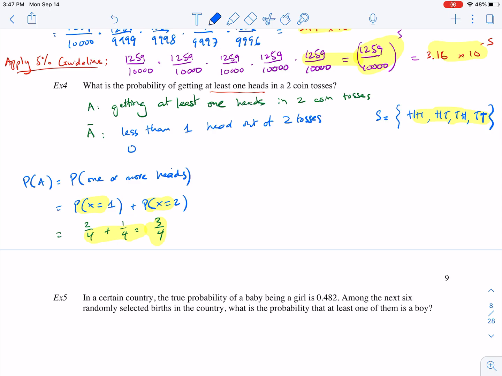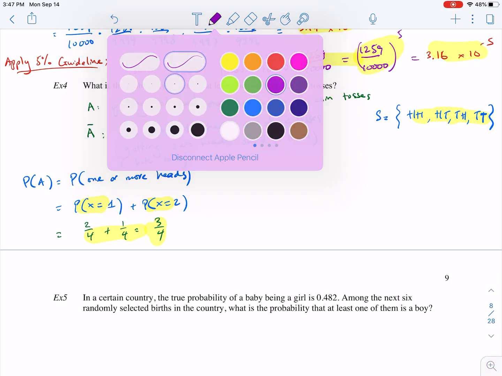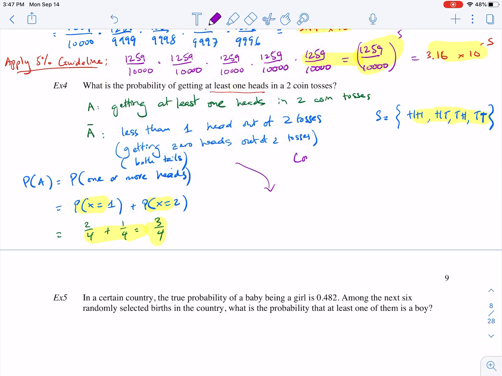Getting 0 heads out of 2 means getting both tails, right?